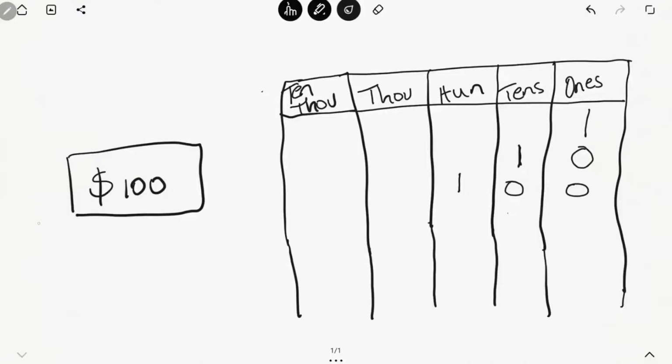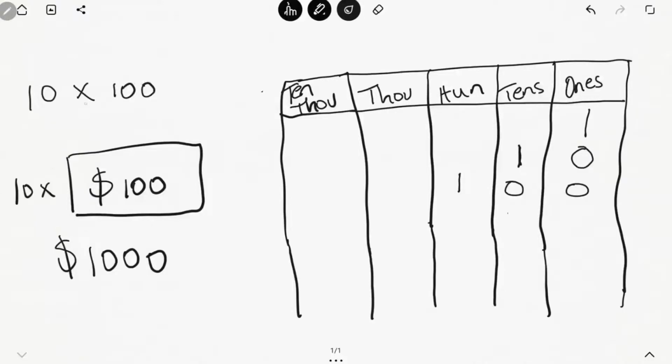All right, so what happens now if you have 10 $100 bills? Well, this is easy. You can do it in your head. You can say 100, 200, 300, 400. I guess you can use your fingers too. And when you get to 10 $100 bills, you'll reach the number 1,000. Another way to see this is using the mental math strategies that you learned.